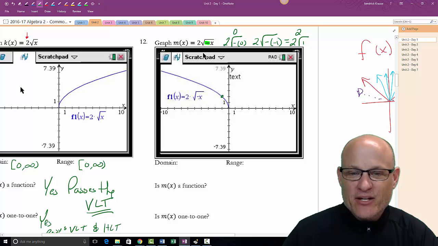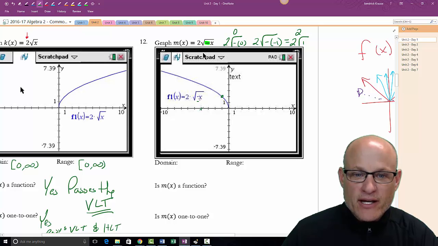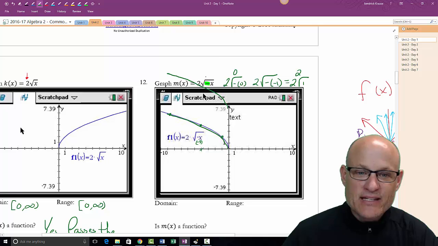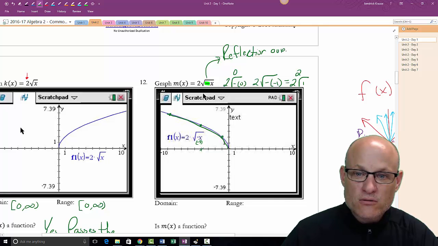If I plug in negative 4, so if I plug in a negative 4 there, that's the square root of 4, which is 2. So that's going to be up here, and this will be here. So plugging in negative, this negative right here on the inside of this radical is a reflection over the y-axis.